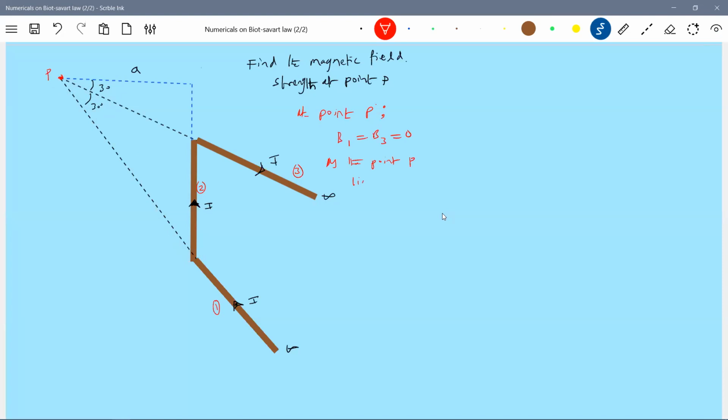Parts of a wire are called segments here. Now the field strength is only due to this wire.